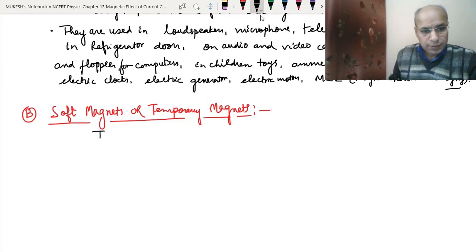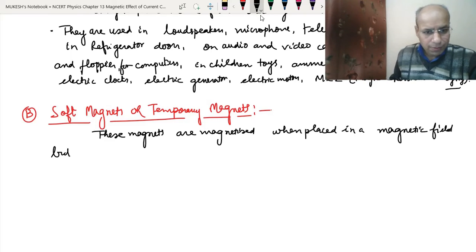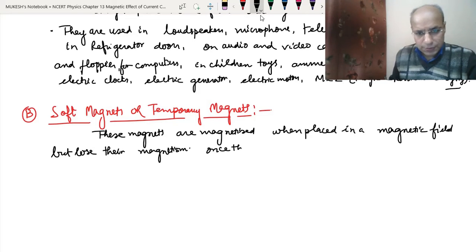These magnets are magnetized when placed in a magnetic field, but lose their magnetism once the magnetic field is removed.